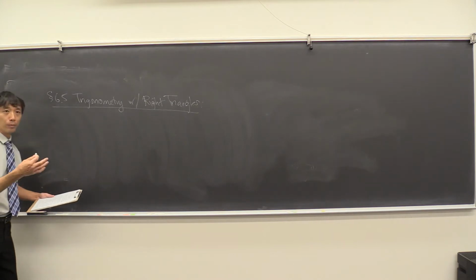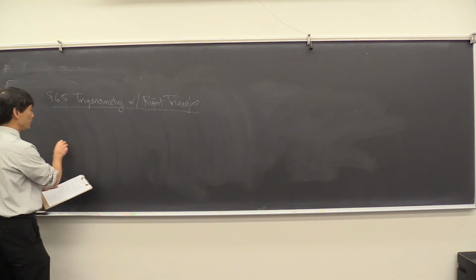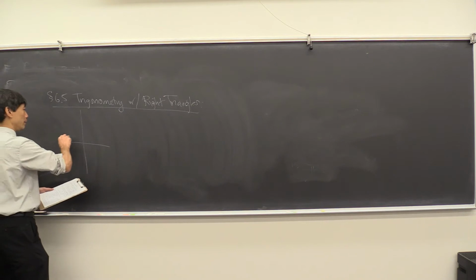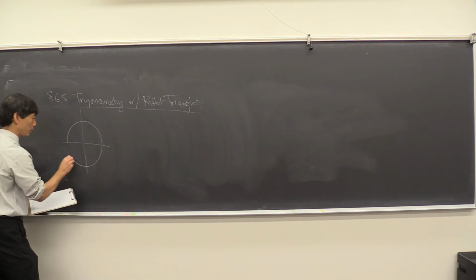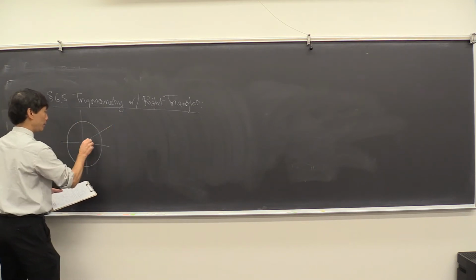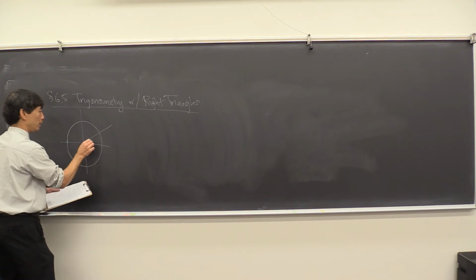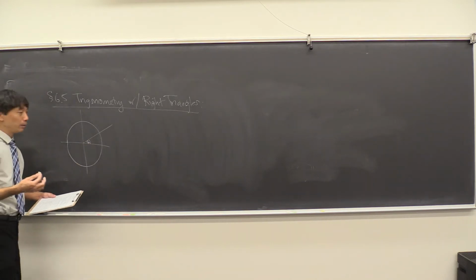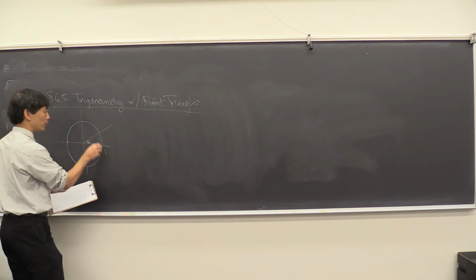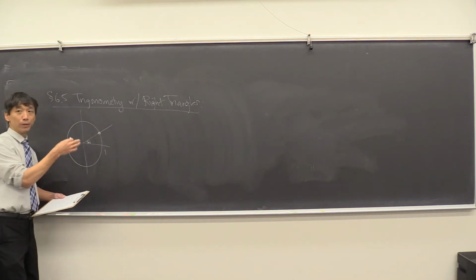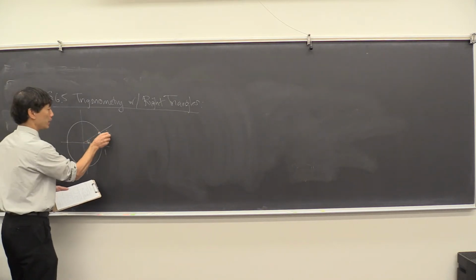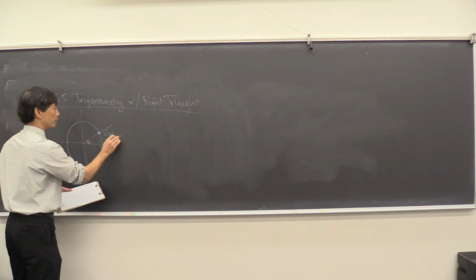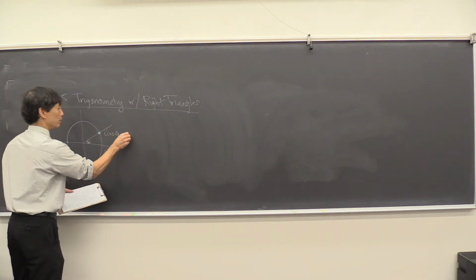Let's remember how we defined the cosine and the sine. We have an angle theta, and we define the cosine and the sine by taking the unit circle and the point of intersection. The cosine was the x coordinate, and sine was the y coordinate.